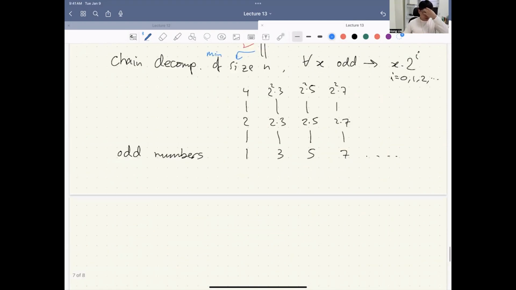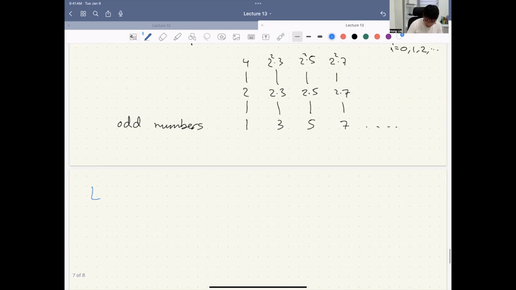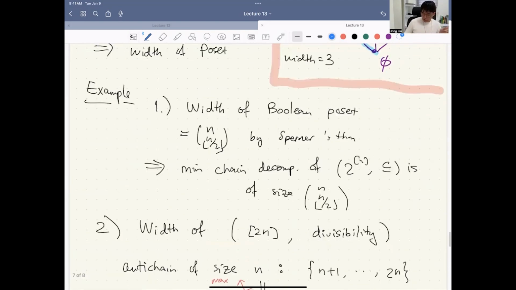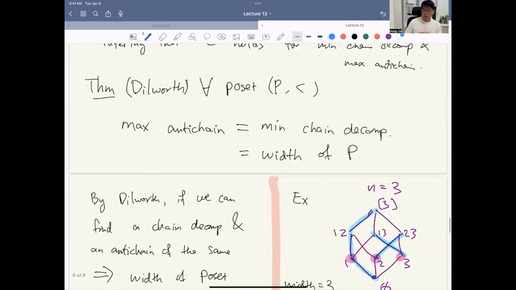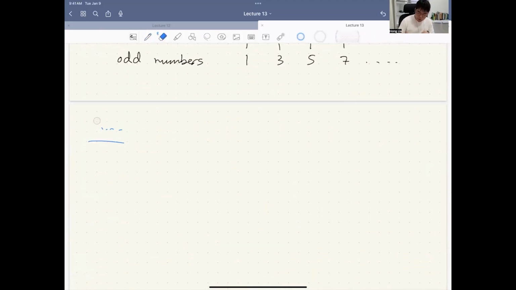Another application of Dilworth is, here's an exercise. You can use Dilworth's theorem to prove... before this, let me first make a remark. Dilworth's theorem can also be viewed as a Ramsey type statement.